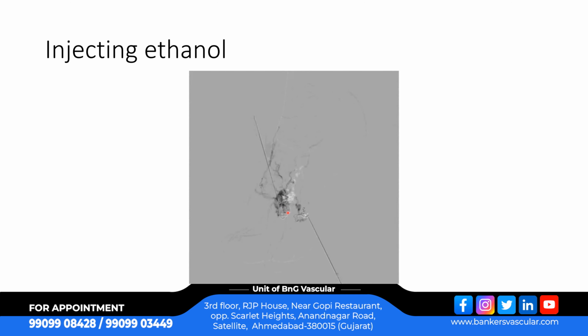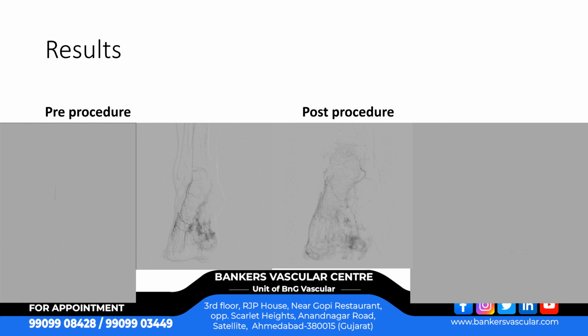So these are white, you can see over here in the angiography, and these are ethanol. We are able to see the ethanol traveling into the nidus, not going distal to this. It is very important to understand that once we convert the high flow into slow flow, then we can inject the ethanol very comfortably and reduce the complications.